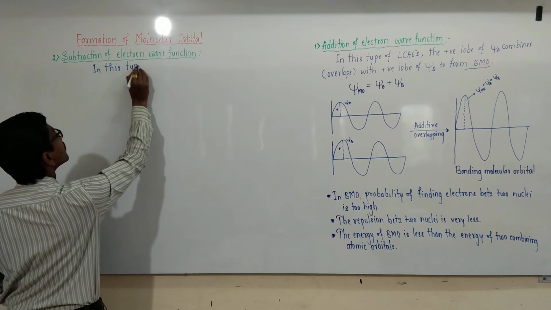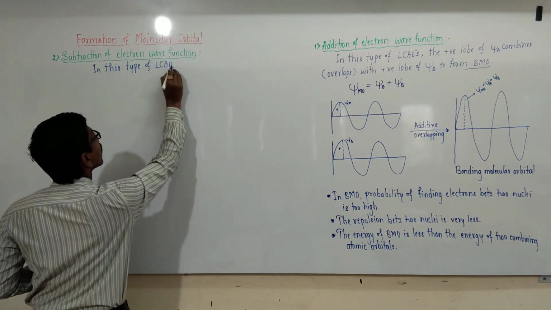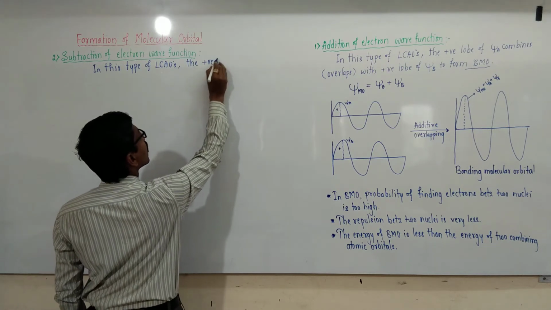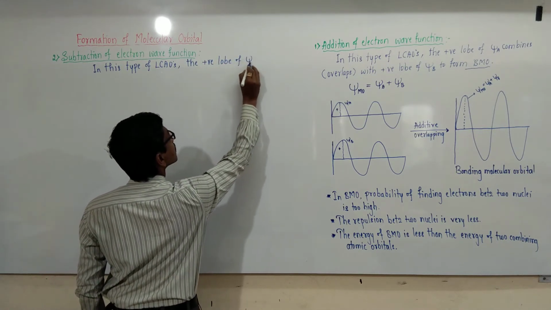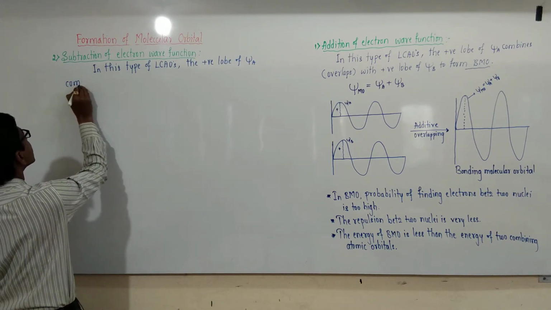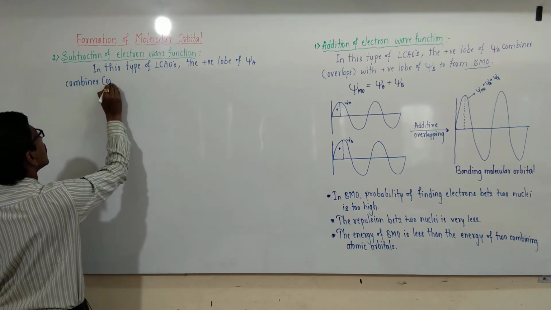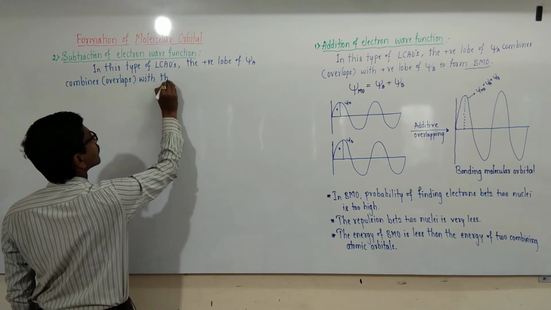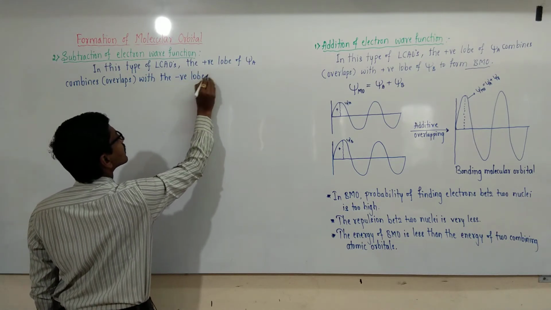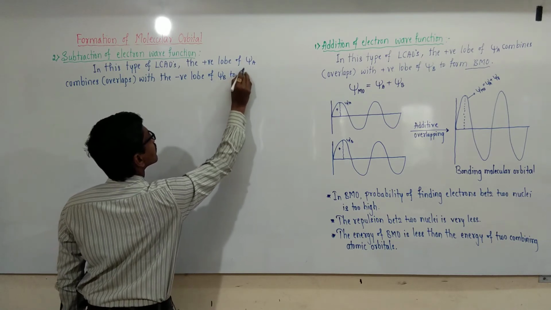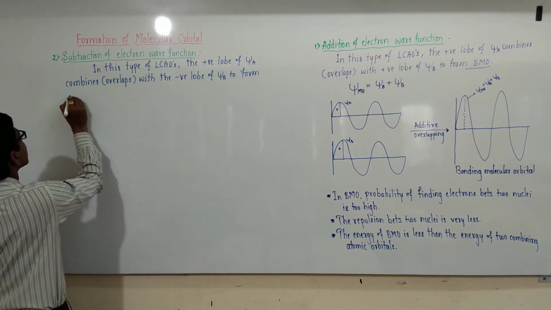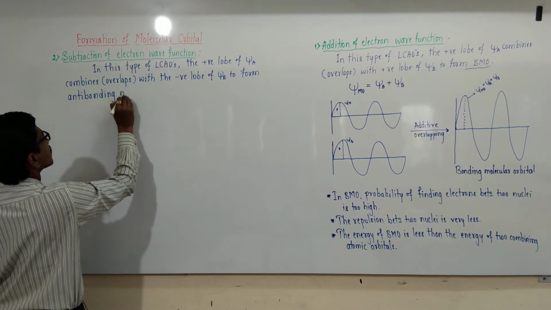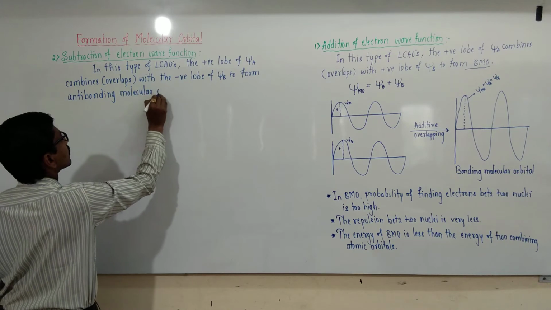In this type of linear combination of atomic orbitals, the positive lobe of psi A combines with, or overlaps with, the negative lobe of psi B to form anti-bonding molecular orbitals.